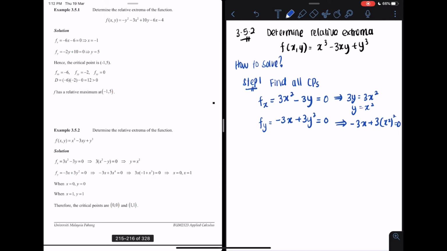Okay, so in this case, I will get negative 3x plus 3x to the power of 4 equal to 0.